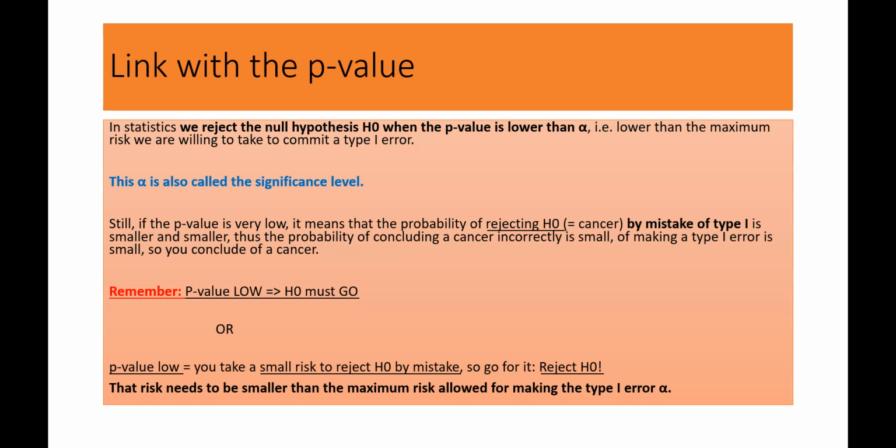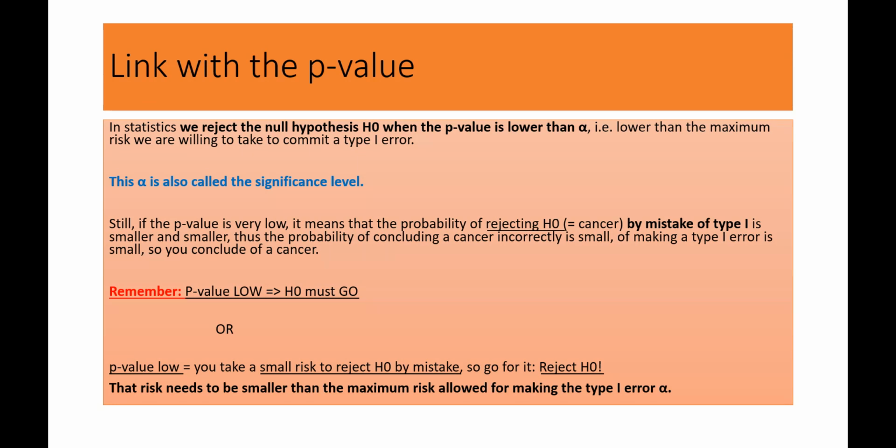So the link with the p-value, okay, as I said, in statistics, we reject the null hypothesis H0 when the p-value is lower than alpha. The p-value, which is the probability of rejecting H0 by mistake, rejecting H0 incorrectly, is the type 1 error. And if that p-value gets smaller and smaller, the probability of concluding a cancer incorrectly is small, of making a type 1 error is small, so you conclude of a cancer, okay?